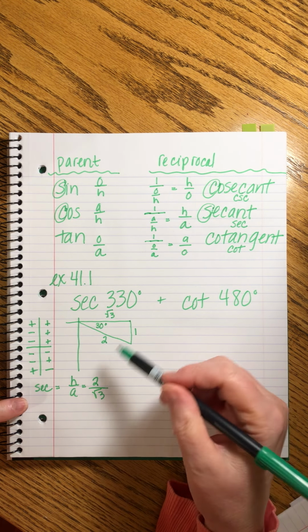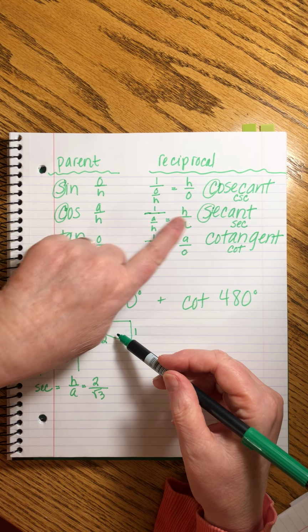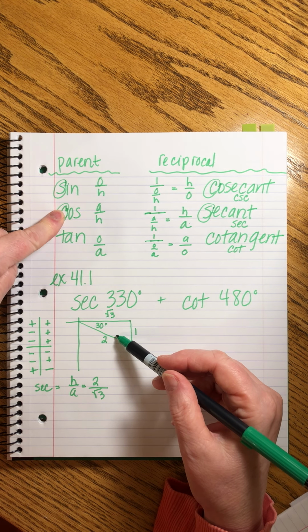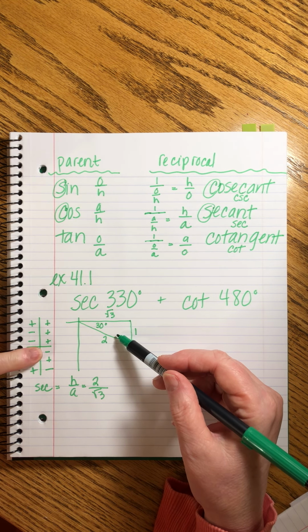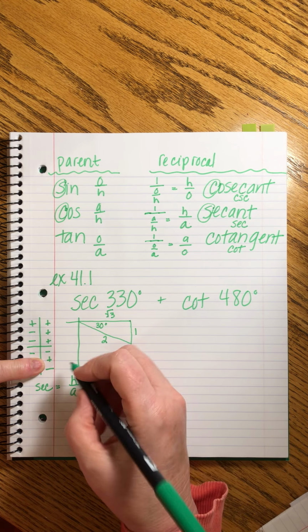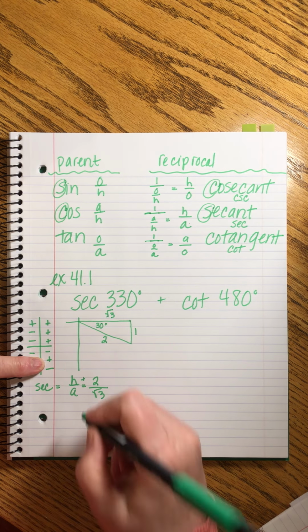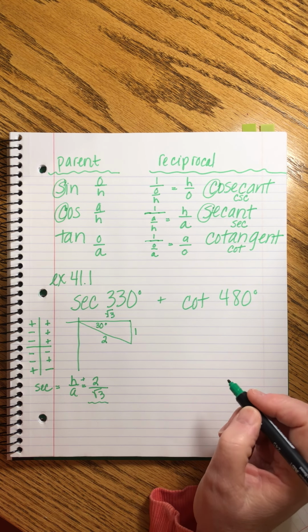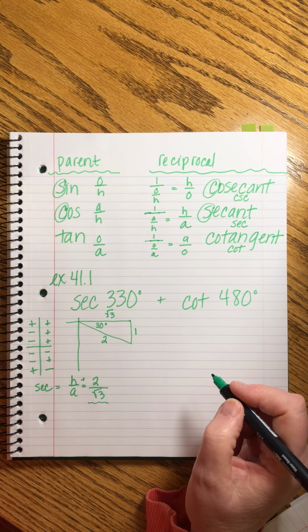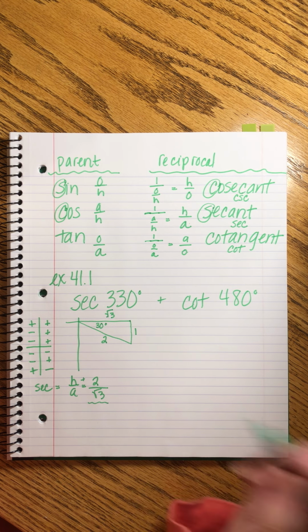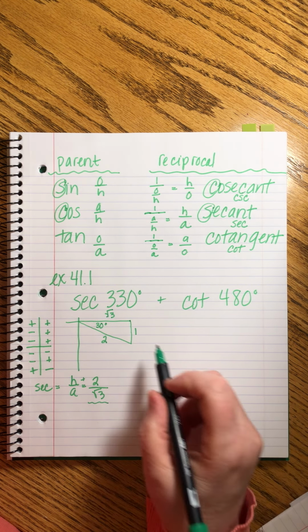Okay, so secant in the fourth quadrant is going to be the same as cosine in the fourth quadrant. Cosine in the fourth quadrant is positive. So I'm just going to put a big plus sign there so I'll remember that I checked. Okay, so there it is. Should I rationalize it? No, I'm going to wait till later and see if I need to rationalize it.